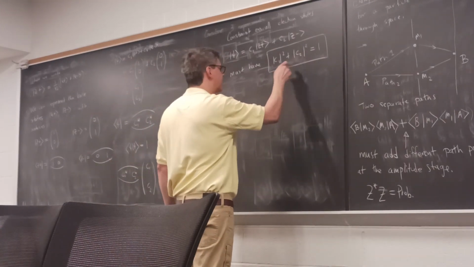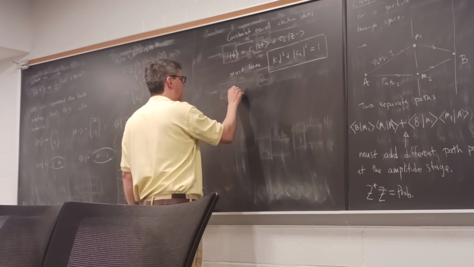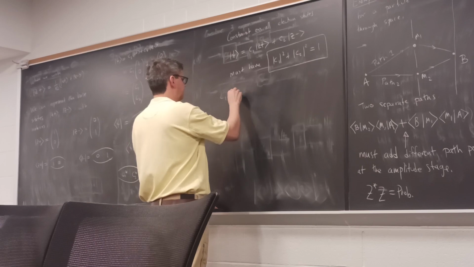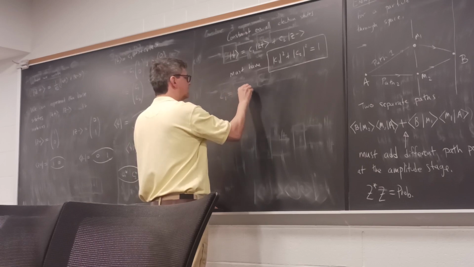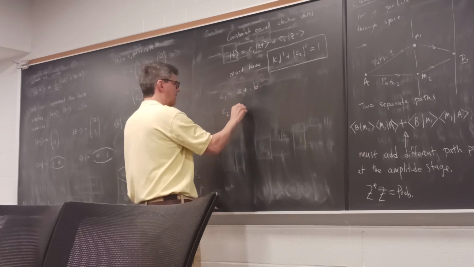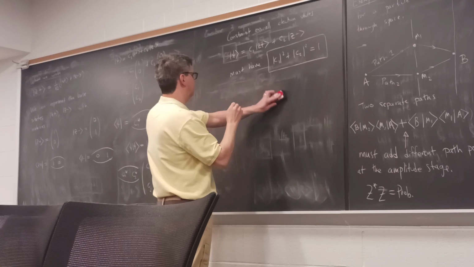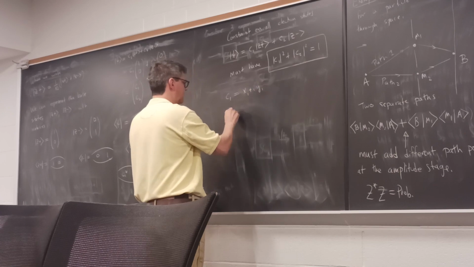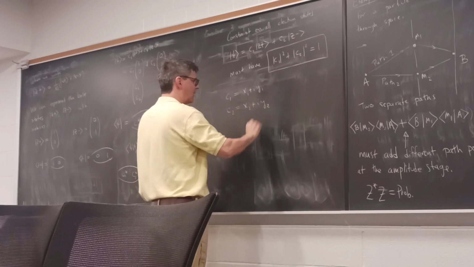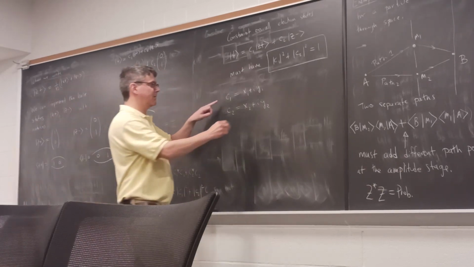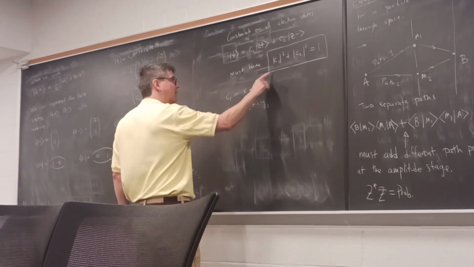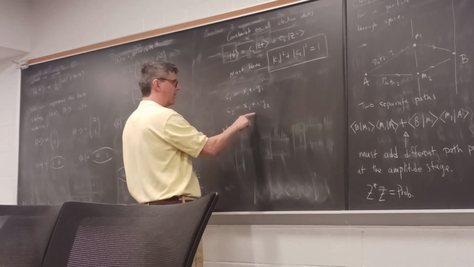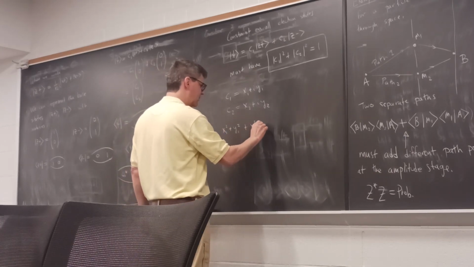C1 and C2 are complex numbers, and so this relationship means that the magnitude of C1 squared, remember, is just x1 squared plus y1 squared, and then I add x2 squared plus y2 squared.